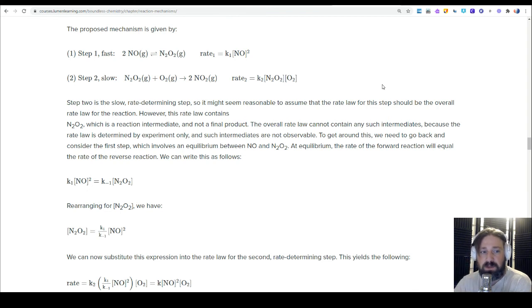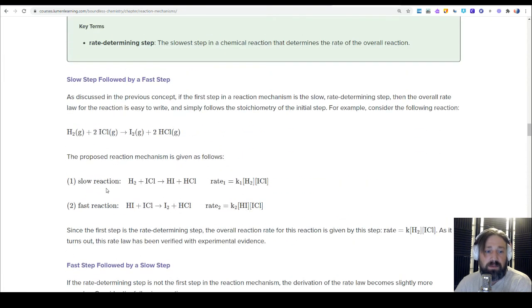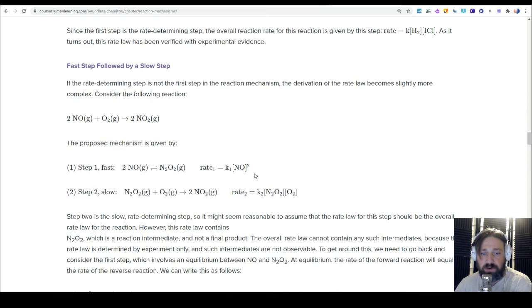This only really comes into play whenever the slow step comes after the fast step. If the slow step comes before the fast step, you can just take this rate law and move on. So yep, this is the slow step, this rate law is the overall rate law, and just move on.